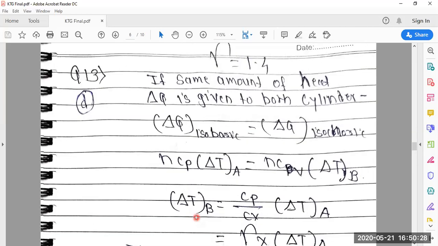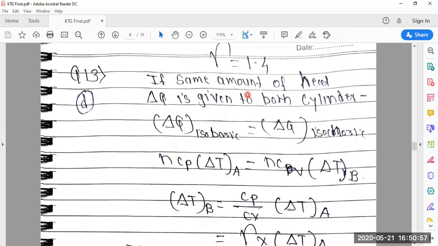Question number 13. Gamma is constant. Two cylinders are given, A and B, with pistons, containing an equal amount of diatomic gas at 300 Kelvin. The piston of A is free to move while that of B is held fixed.